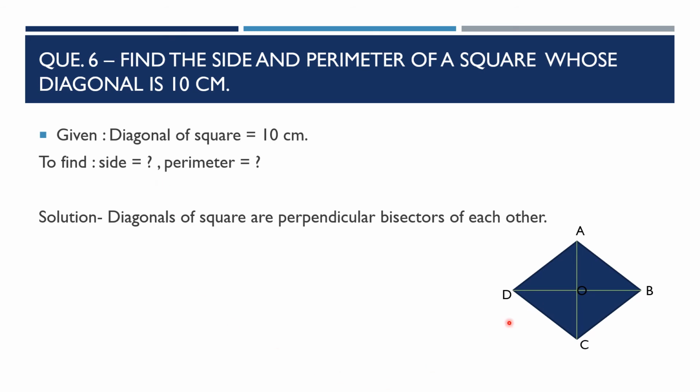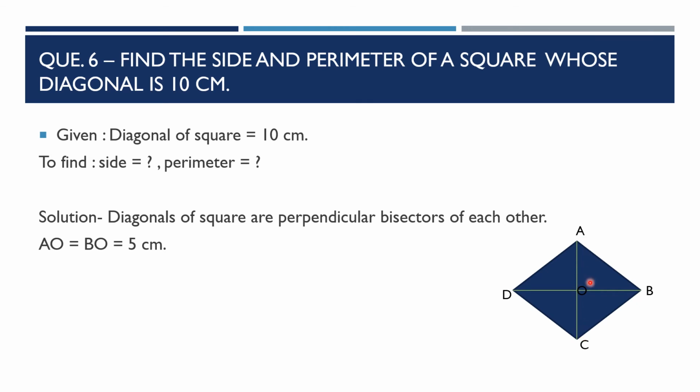Here this is the square ABCD, and AC and BD are the diagonals. O is their intersection point. Now these two diagonals are perpendicular bisectors of each other. Using this property here, since AC and BD are bisectors of each other, therefore O is the midpoint of AC, and the diagonal AC is 10 centimeter.